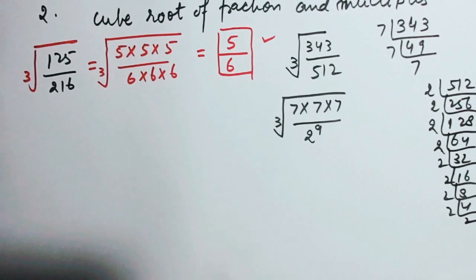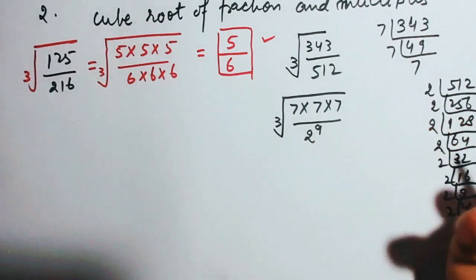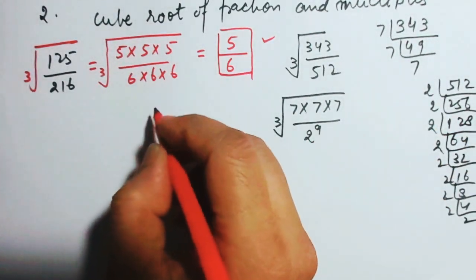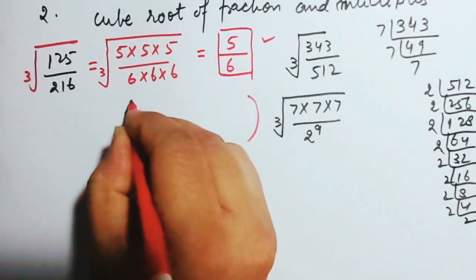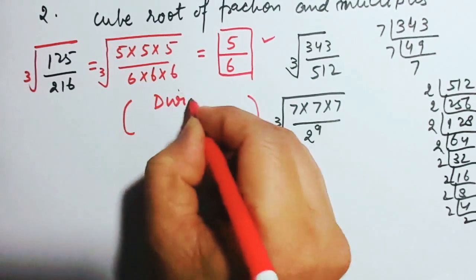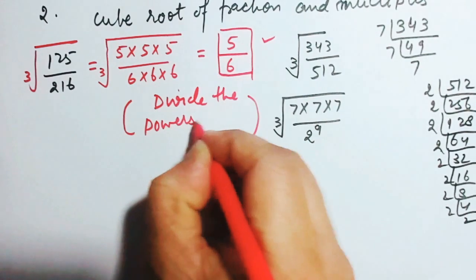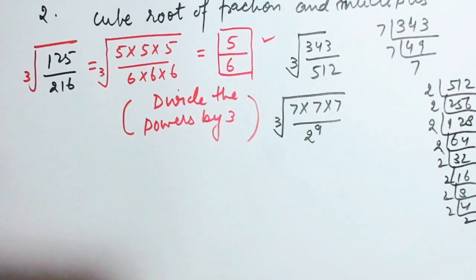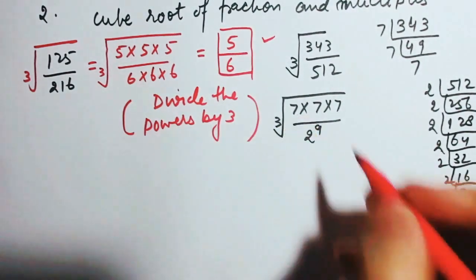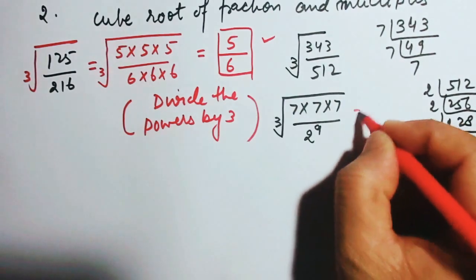And what did I tell you? How to find out its cube root? By dividing the power by 3. So have a look here. For 7 into 7 into 7, you will get 7.